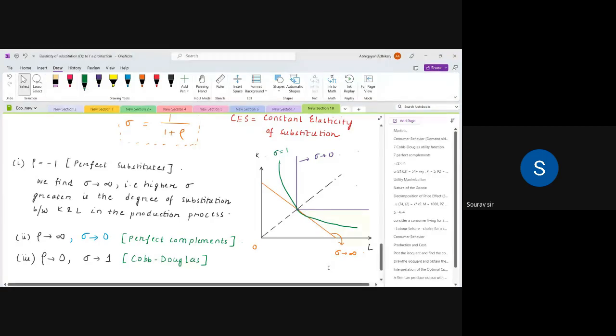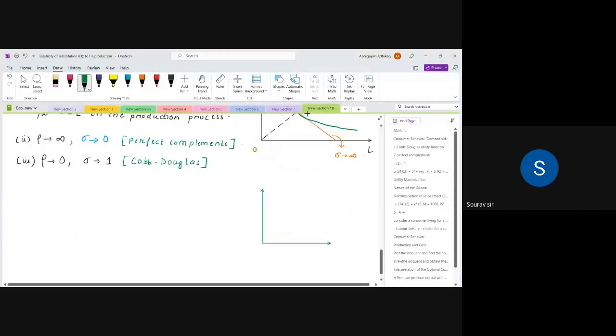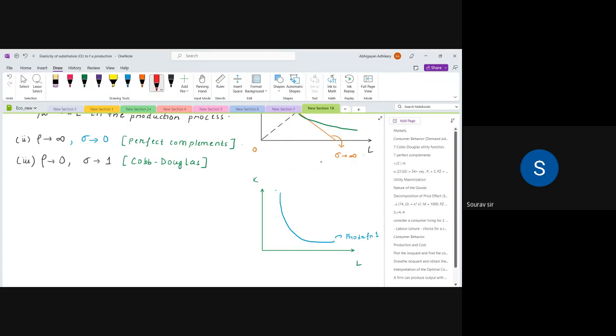So that means, simply speaking, अगर आपको कोई एक ऐसा ग्राफ दे दूं, something like this, let's say labor and capital, you have for a production function, this is the isoquant for production function 1, and you have another isoquant, something like this, production function 2.